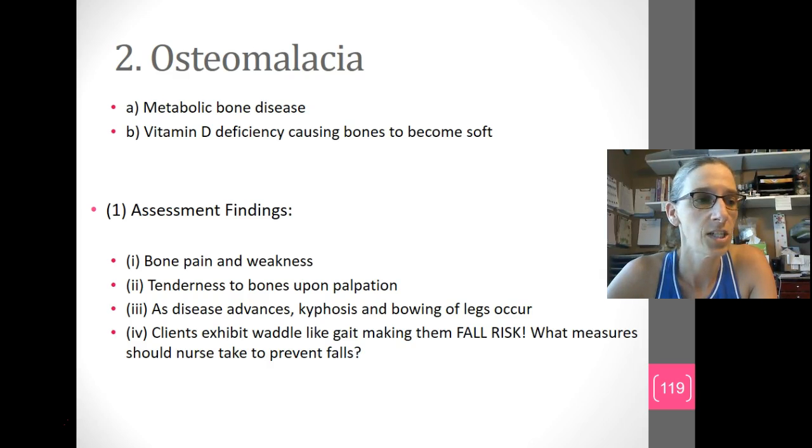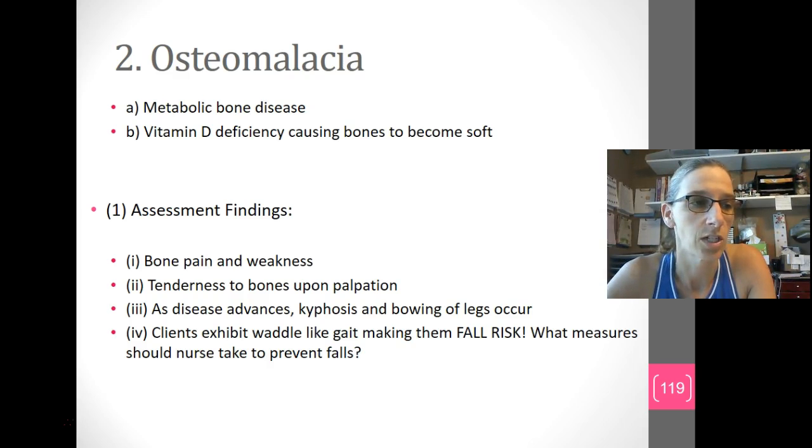All right, osteomalacia. This is a metabolic bone disease. It's a vitamin D deficiency causing bones to become soft. Generally, they're soft, or insufficient calcium. It could be caused from insufficient calcium absorption caused by insufficient intake or resistance to vitamin D. So large amounts of new bones fail to calcify.